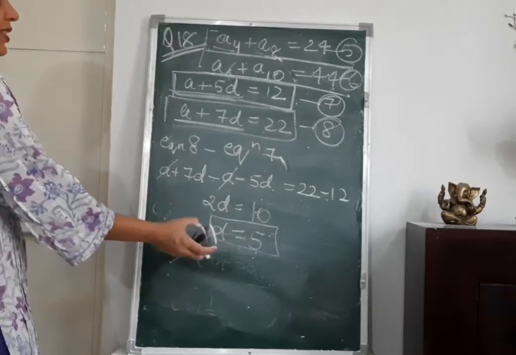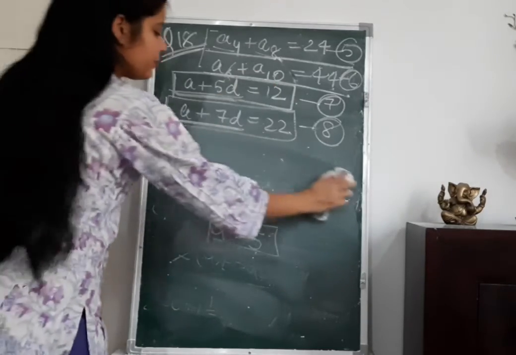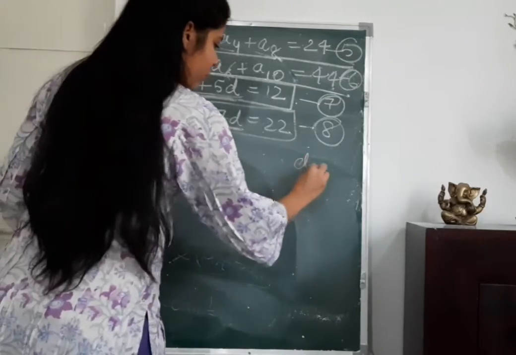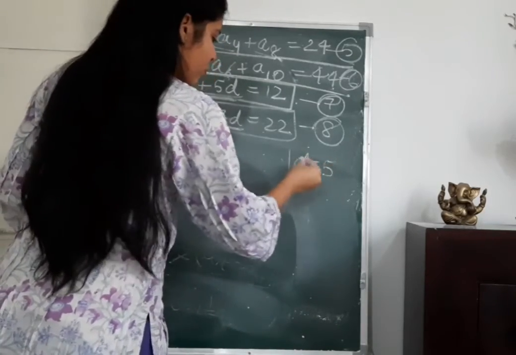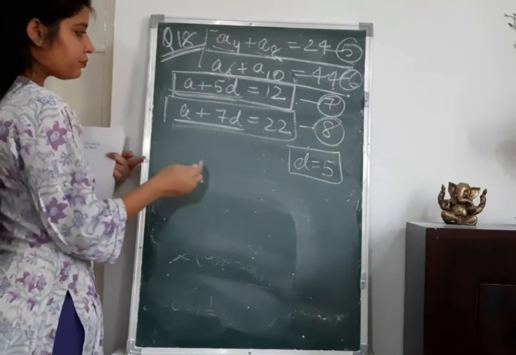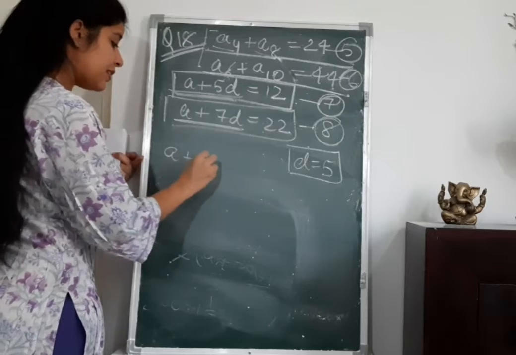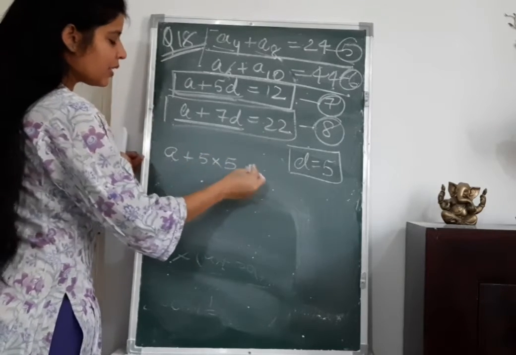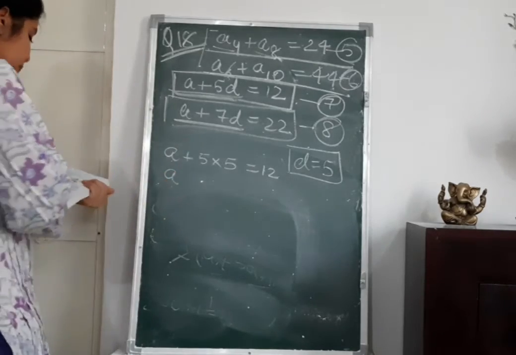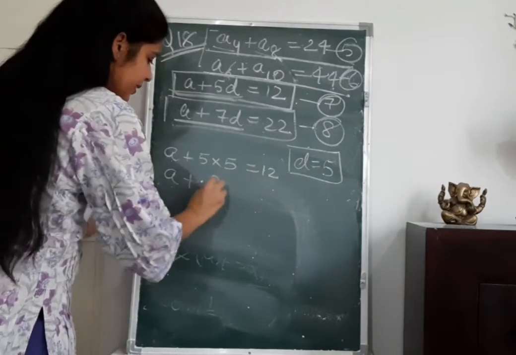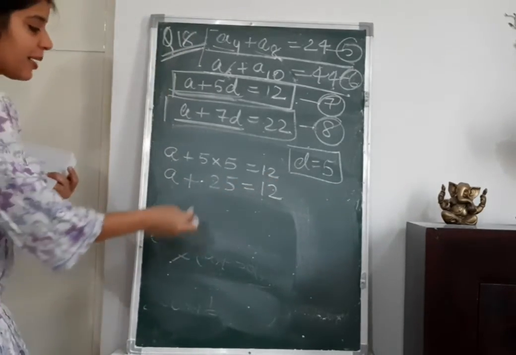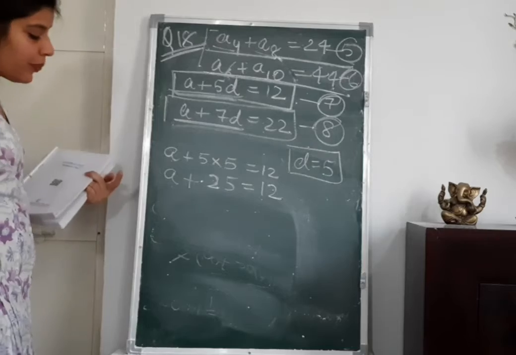So let's put this D as 5 in equation 7. A plus 5 into 5 is equal to 12. That is A plus 25 is equal to 12.